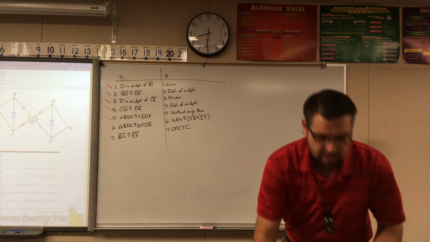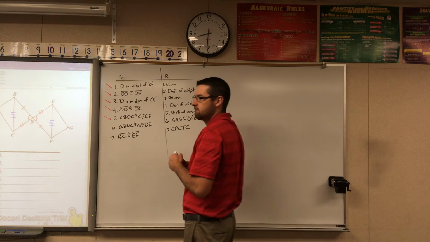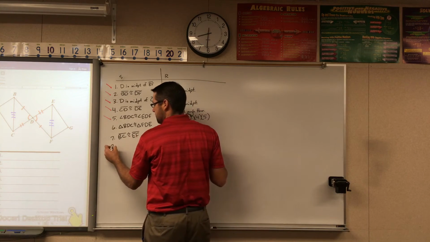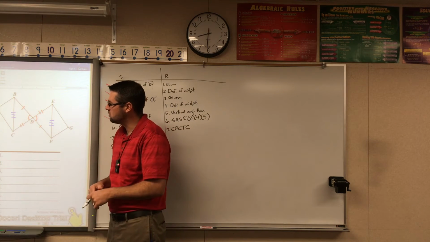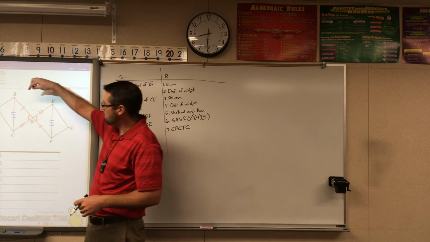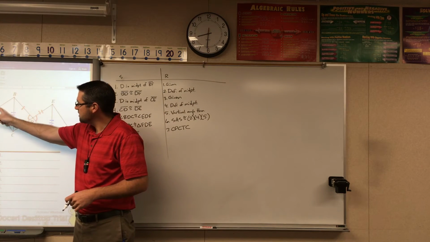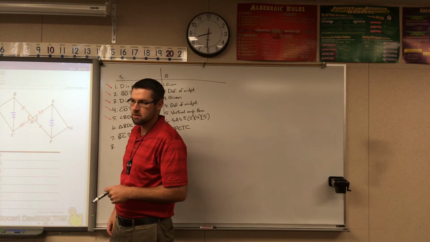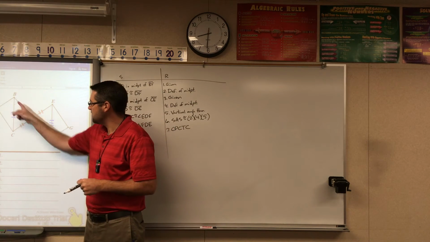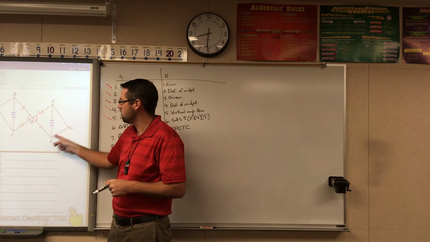Okay. Can I say anything else? I can actually say, and this may not be beneficial to you right off the top, but if you look at your next given, it says AB is parallel to FG. What do parallel lines give us? Angles. So this is the only transversal that passes through both those lines.